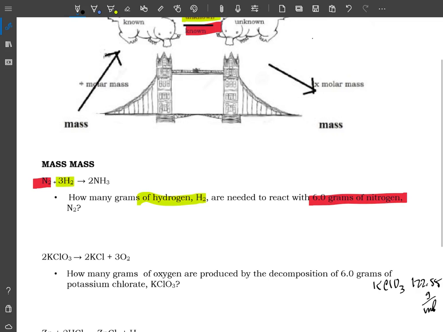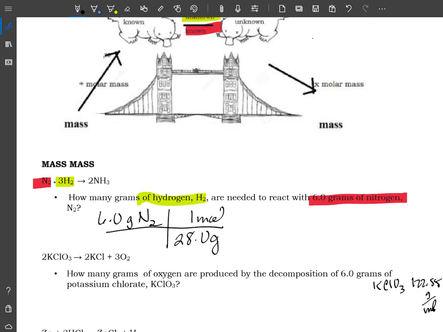This time, though, we're going to start, instead of with moles, with mass. We know that we have 6 grams of nitrogen gas. How do I change grams to moles? I have to divide by the molar mass of nitrogen. Nitrogen is 28 grams in 1 mole.